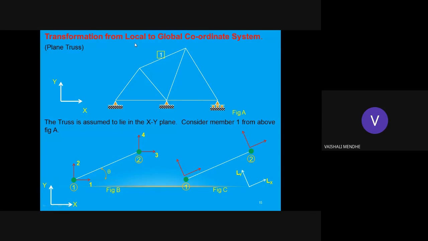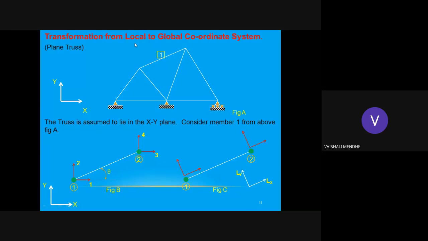This transformation matrix is also called the rotation transformation matrix, which transfers your global displacement to local or local displacement to global displacement. If you understood the local system and global system, then you can understand this matrix also.